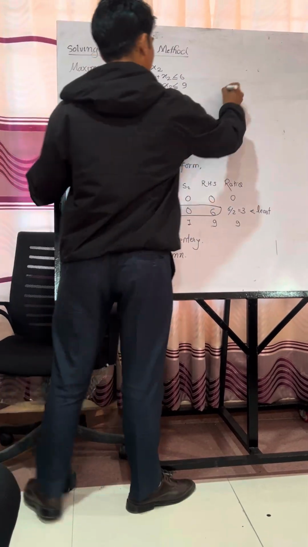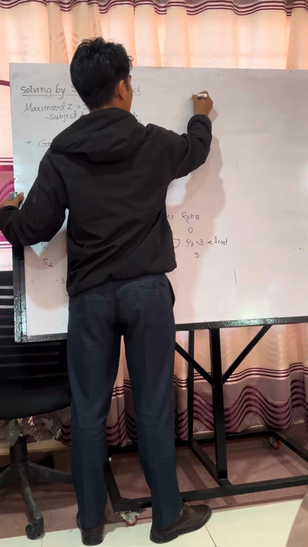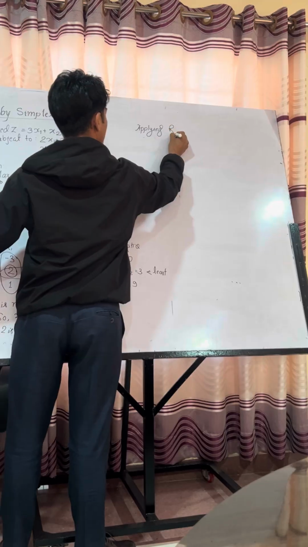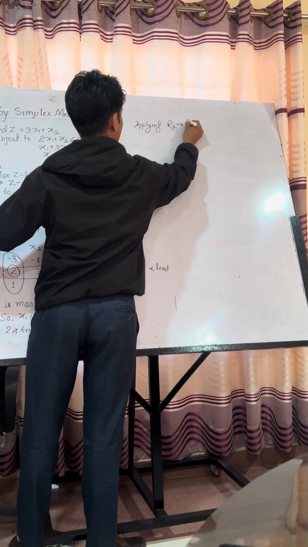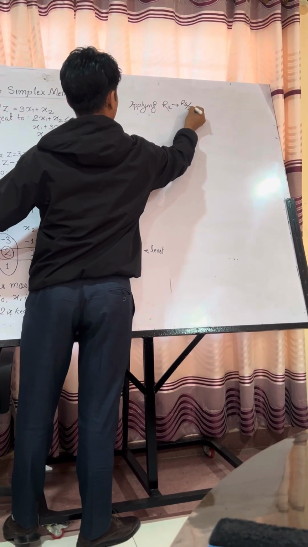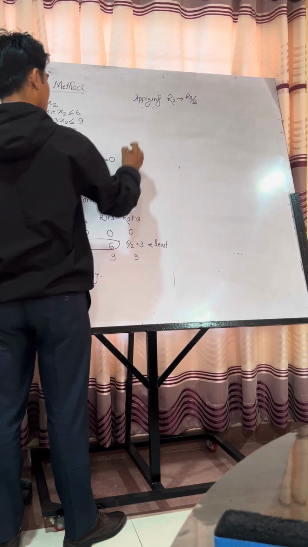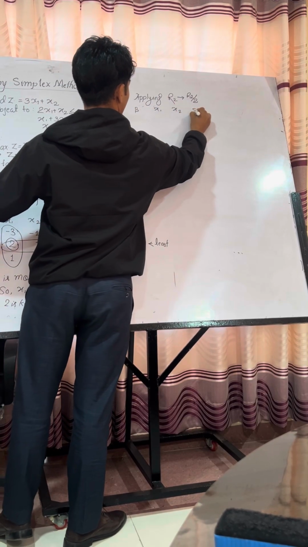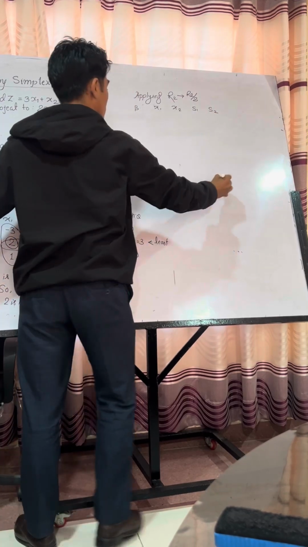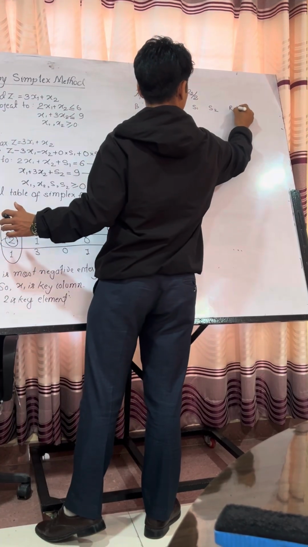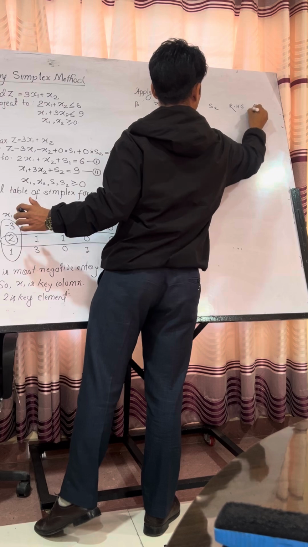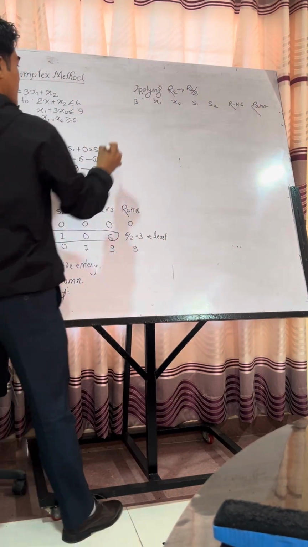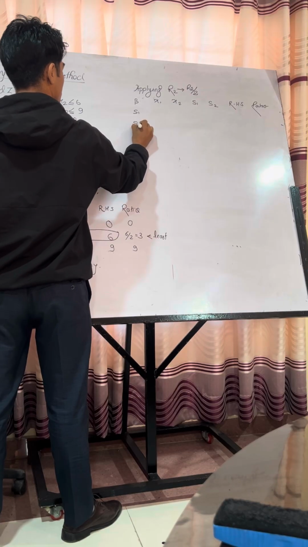So we apply R2 equals R2 divided by 2. After that, what will we get? Here are the basic variables, x1, x2, s1, s2, the RHS and the ratio. This is the table.